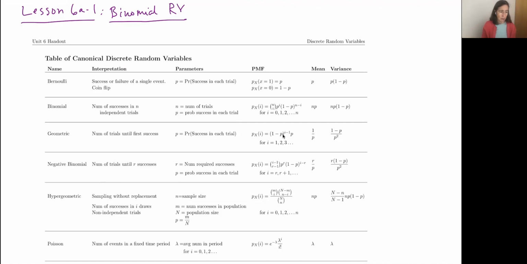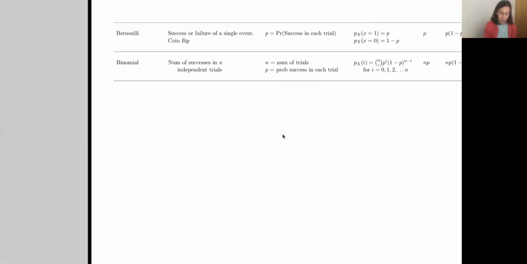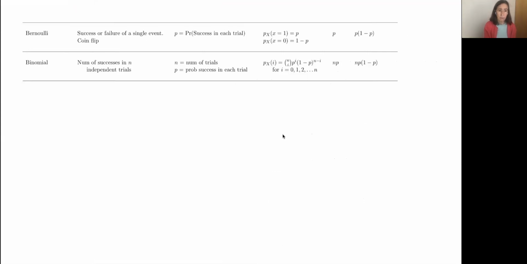Okay, so let's zero in on the first two lines. The first line in the table is the Bernoulli random variable, and we've been talking about things like Bernoulli random variables quite a bit.